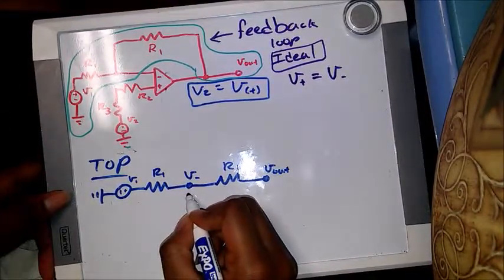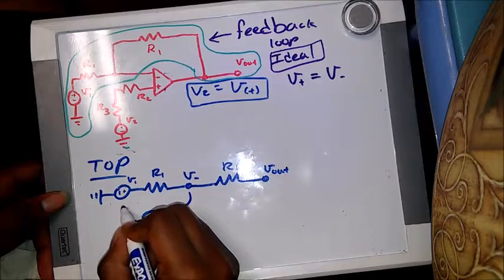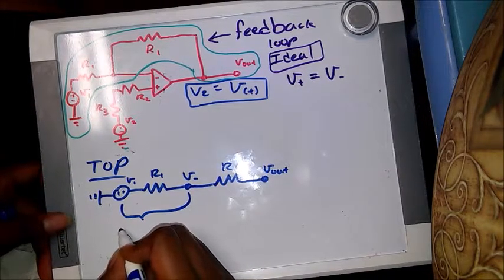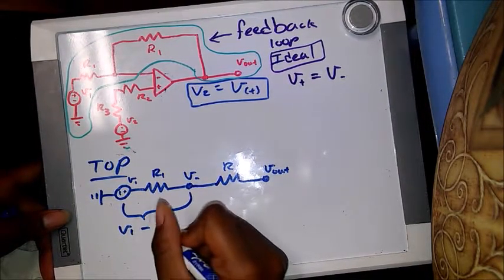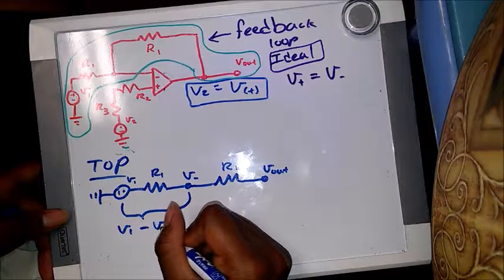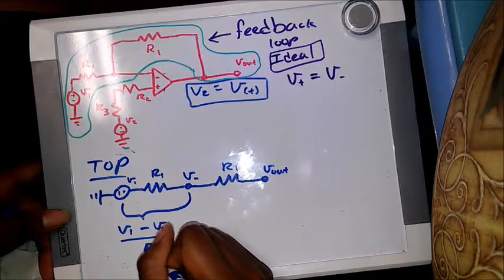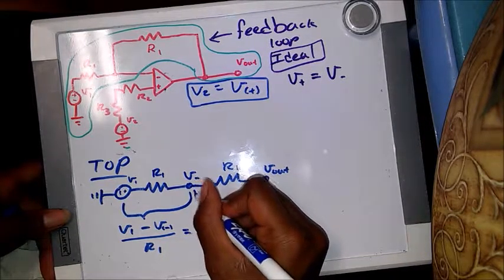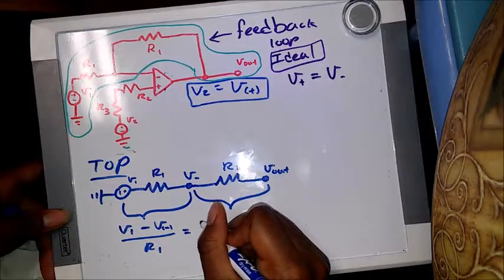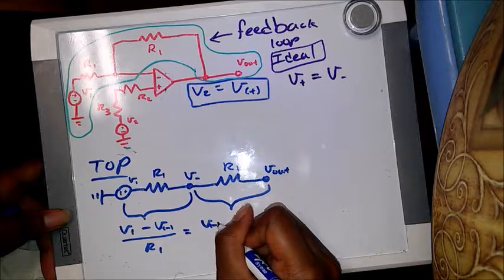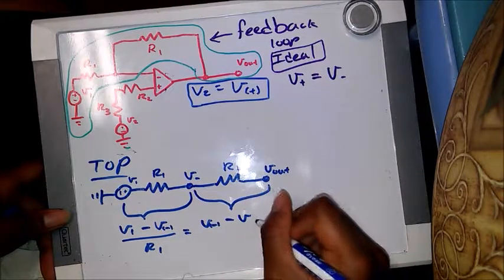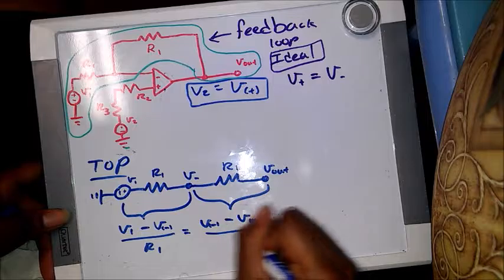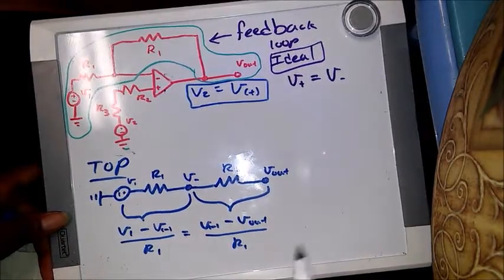And so we're going to do the same thing we did for the bottom. We're going to do this node to this voltage source. We're going to have V1 minus V minus over R1 equals this side, which is V minus minus V out over R1.